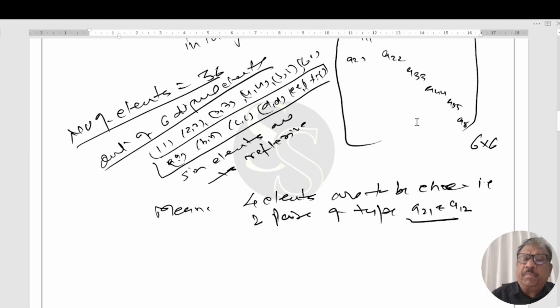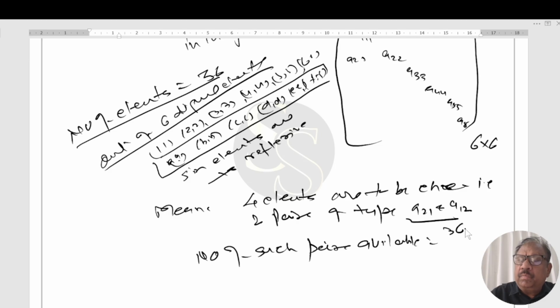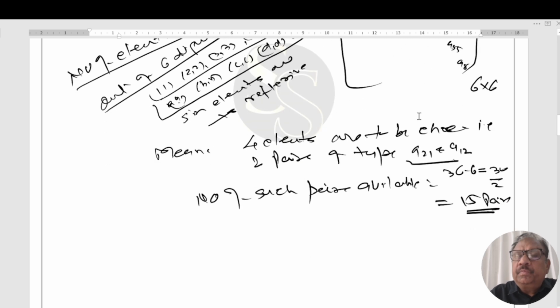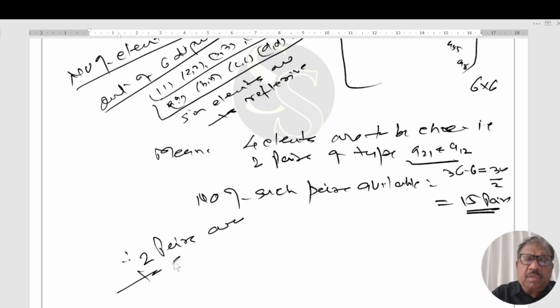So the number of such pairs available will be equal to 36 minus 6, 30, divided by 2. 15 pairs will be available. Therefore, 2 pairs are to be selected.